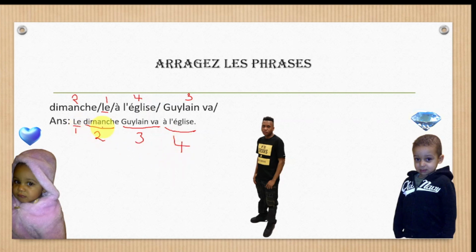So, le dimanche, remember, the days in French, we don't capitalize them. Please watch the other video. The days, you don't capitalize them. No, we don't do that. So, le dimanche, Gulin va à l'église.